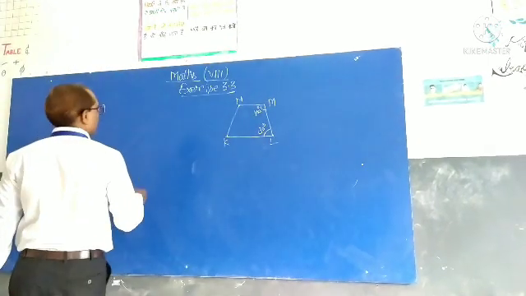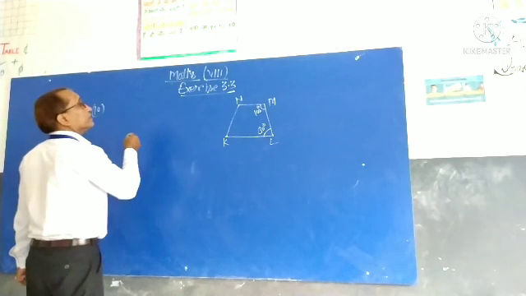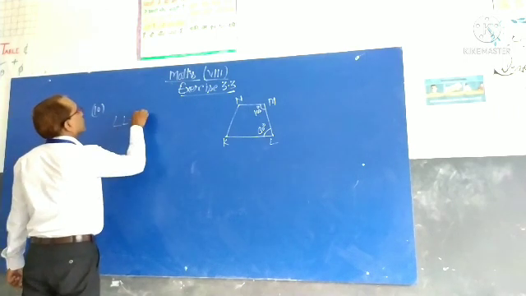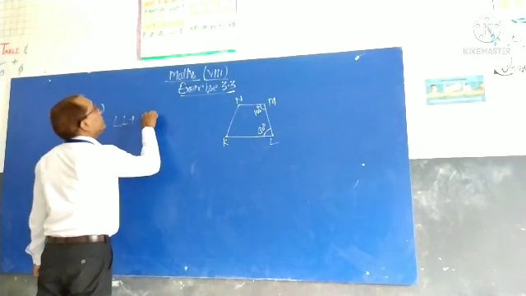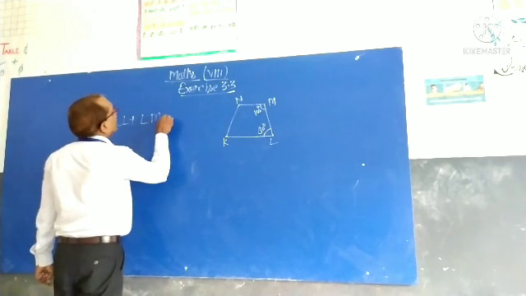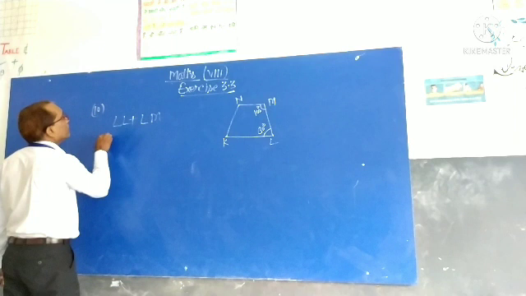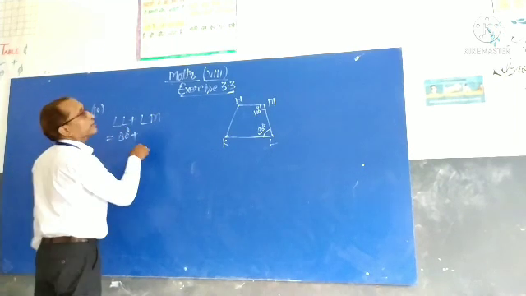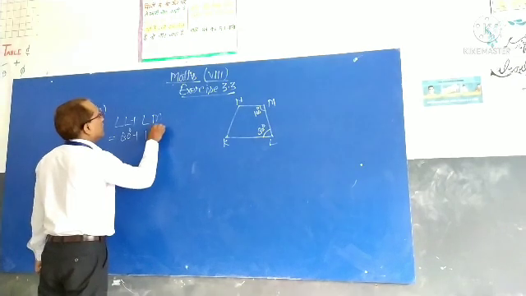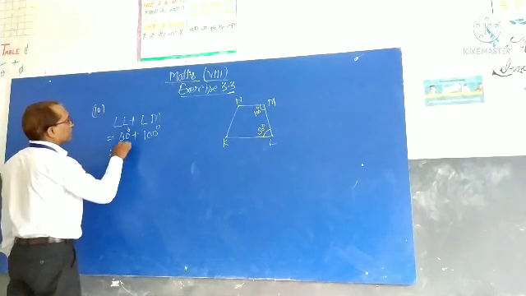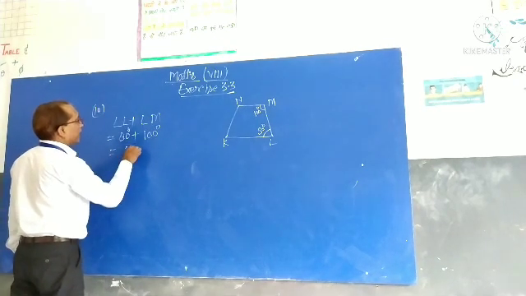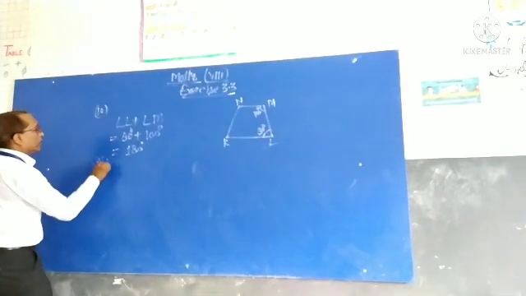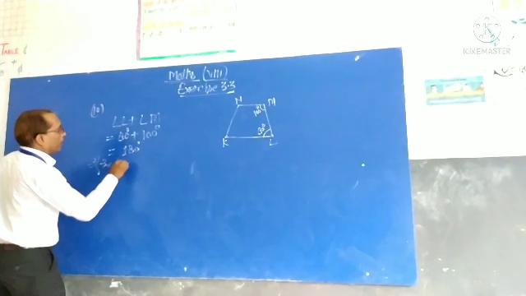This means you write down angle L plus angle M, angle L 80 degree plus M 100 degree. This means 180 degree.